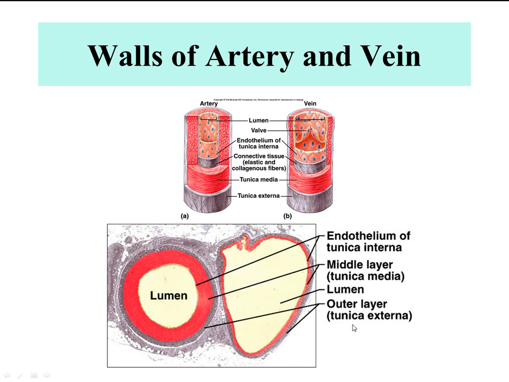The outermost layer is the tunica externa. The tunica externa is a relatively thin layer consisting mostly of connective tissue with irregular elastic fibers, for stretch and recoil, and collagen fibers. Collagen gives it tensile strength so that it can stretch and not rip.